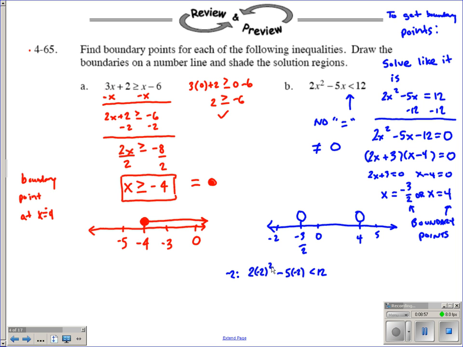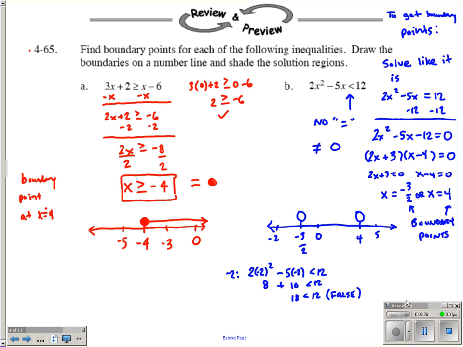Negative 2 squared is 4. 4 times 2 is 8. And then we have minus 5 times negative 2, so this would be like saying plus 10 is less than 12. And we get 18 is less than 12, which is false. So this is not a solution out here.